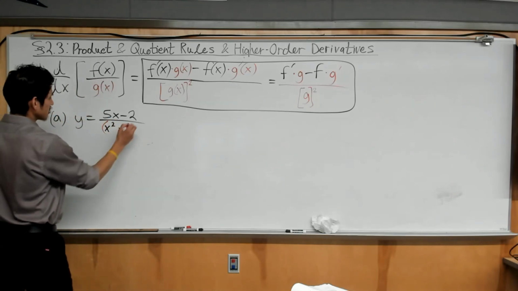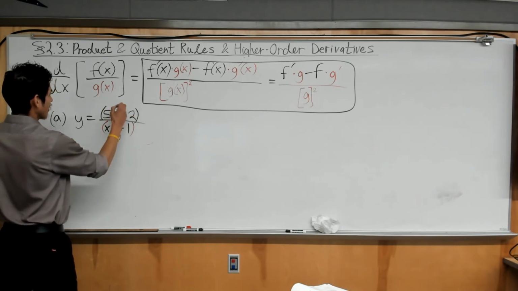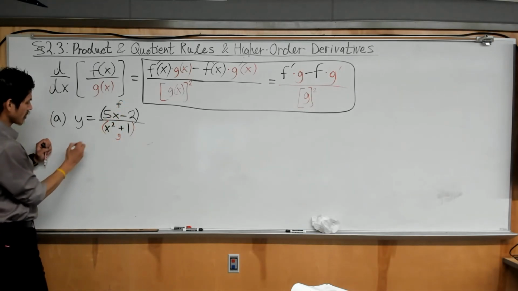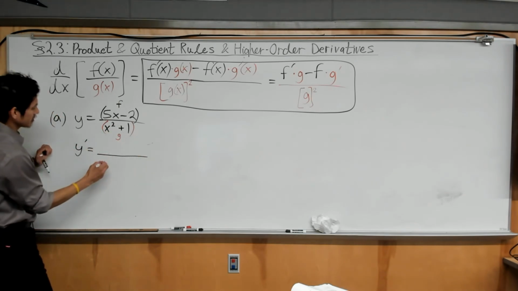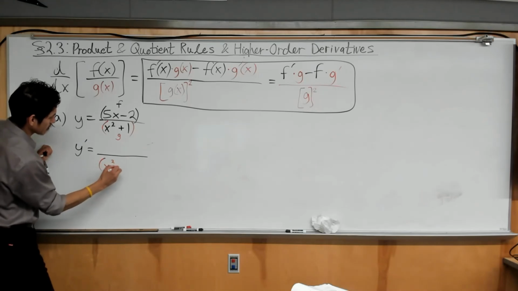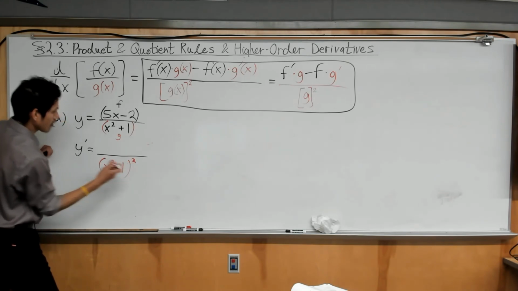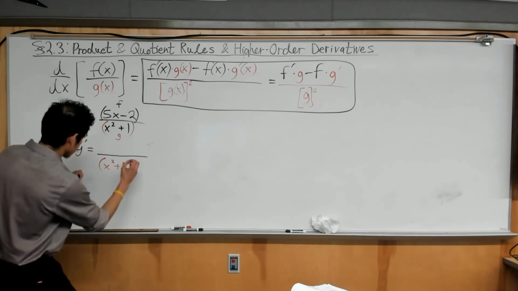So here this is our g, and up here is our f. So if we want to find y prime, we're going to have this squared in the bottom, x squared plus 1, squared.